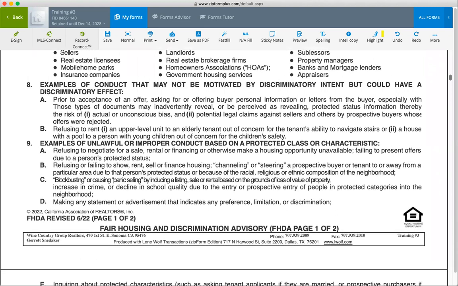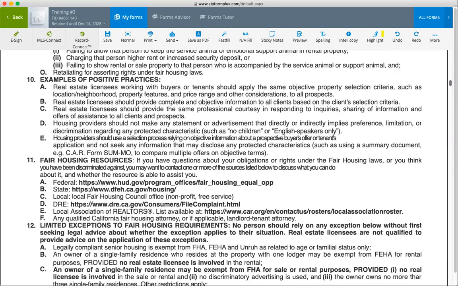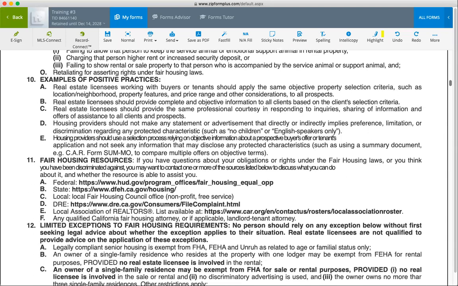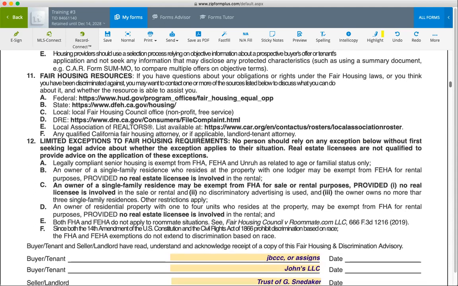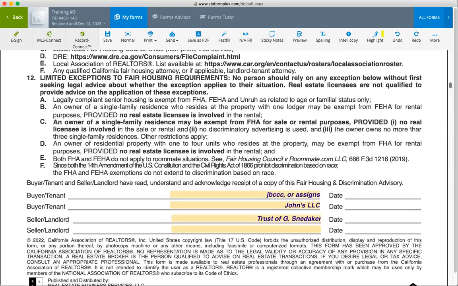We're required again by law to give this out, and it has prohibitions, plus it has examples of positive practices, and resources we can go to for additional fair housing information. There are very limited exceptions to the fair housing law.